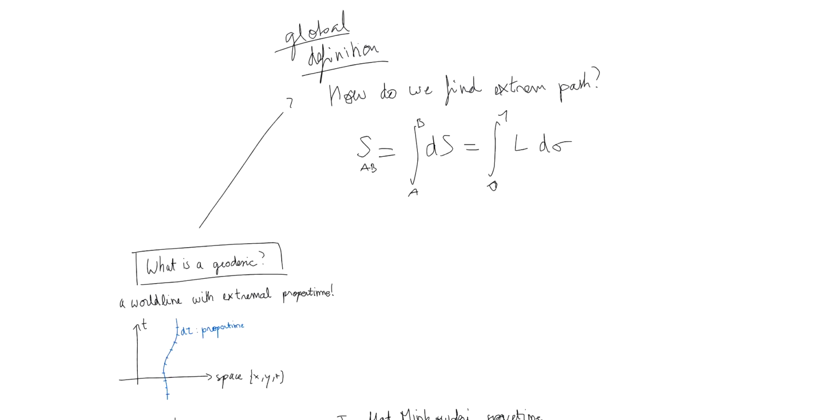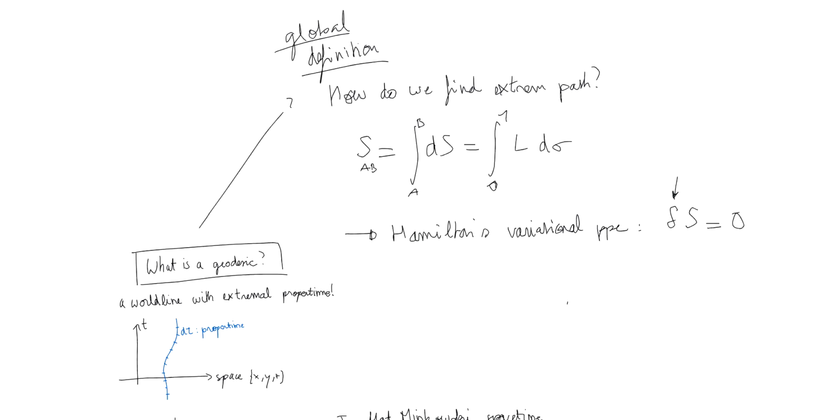We can extremize this path from Hamilton's variational principle, which states that S is an extremal path if a very small, infinitesimal variation of the path equals 0.